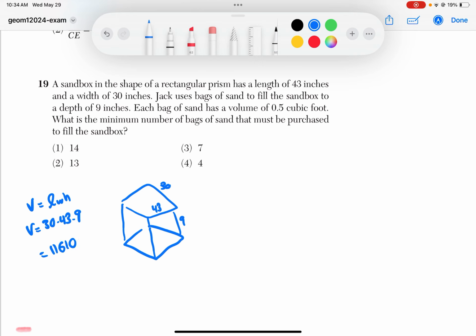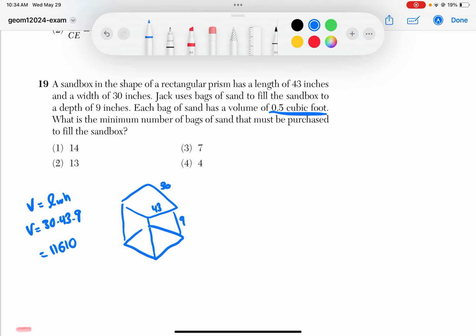Obviously, that's not my answer. Each bag of sand has a volume of half of a cubic foot. So what is the minimum number of bags that must be purchased to fill the sandbox? So as you can see, it wants my answer in cubic feet. And I didn't realize that, right? And that's okay.